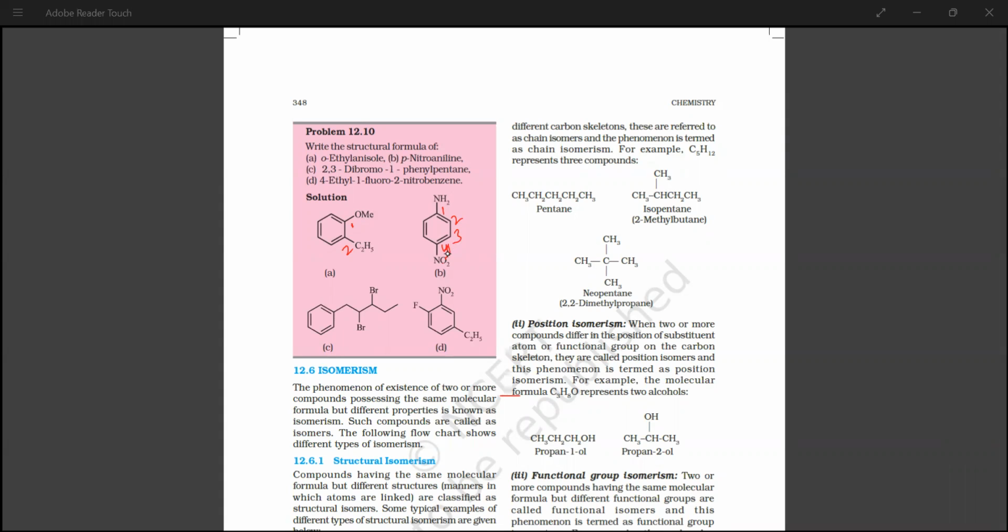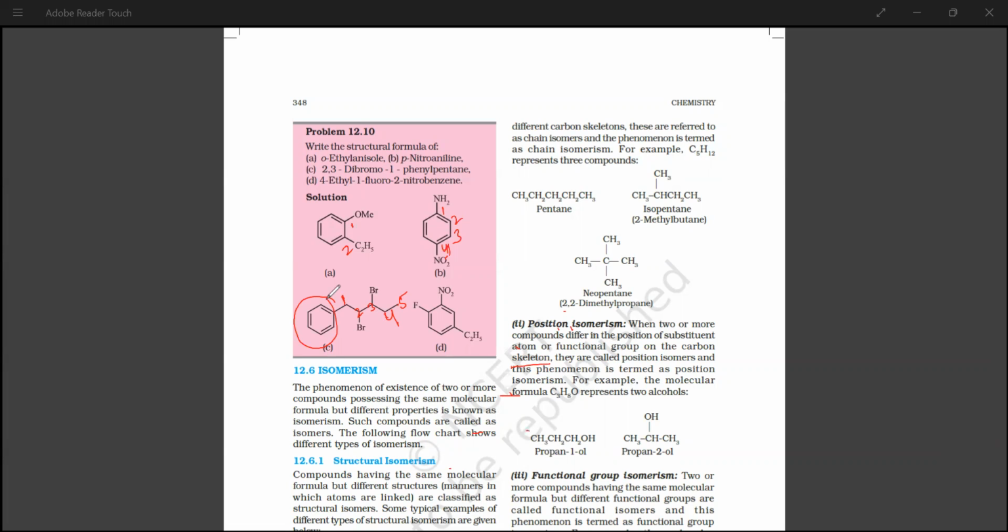See here, first, second, third, fourth, fifth. On second and third carbon atom, 2 bromo are there. So 2,3-dibromo, and on first this phenyl is there. So 2,3-dibromo-1-phenyl, and what rest is pentane.